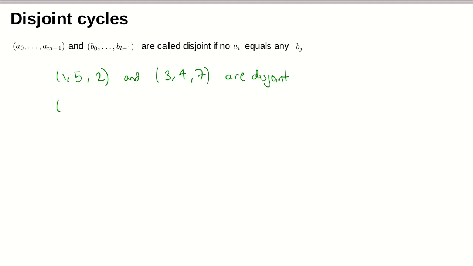But if we take (2 4) and (5 2 1 3), those are not disjoint because they have a number in common, namely there's a 2 in both of the two cycles.